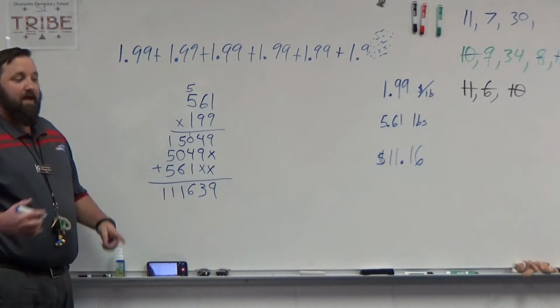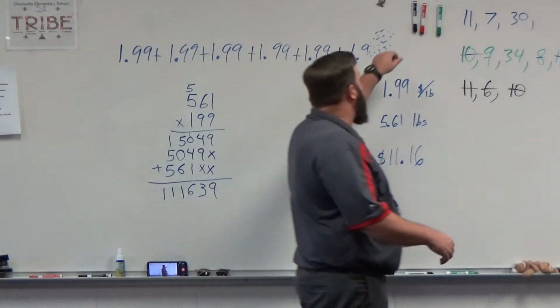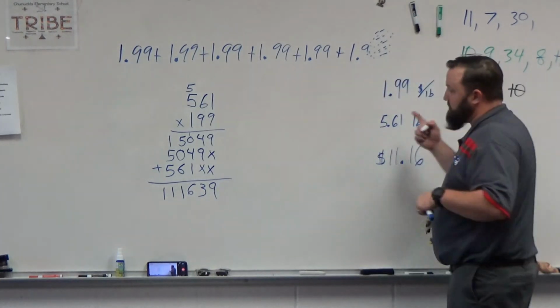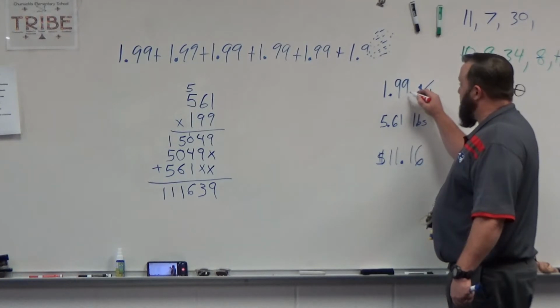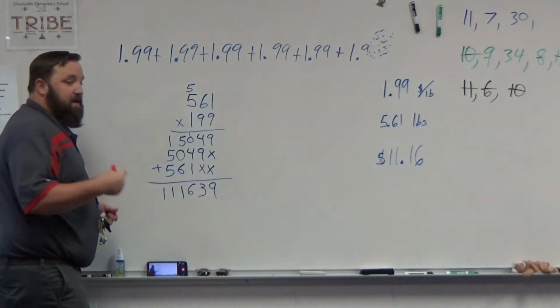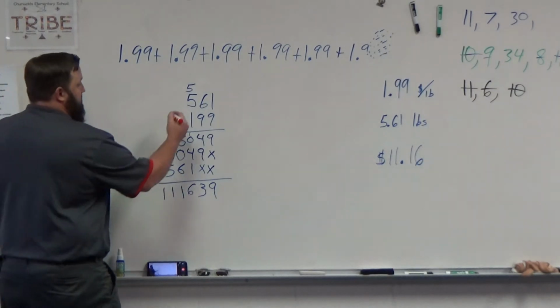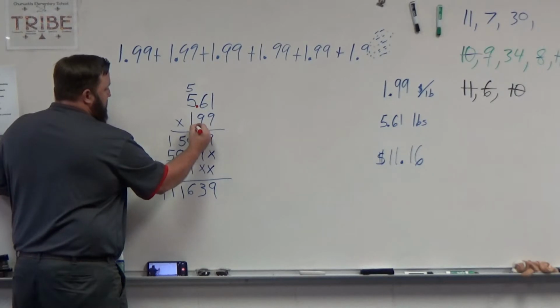Now I'm going to go back and count those decimals. When I go back to the original problem, I'm going to count these decimals. Let's make it a little bit easier. I didn't put them in the original problem, so now I'm going to put them back in. I've got a decimal here, and I've got a decimal here.